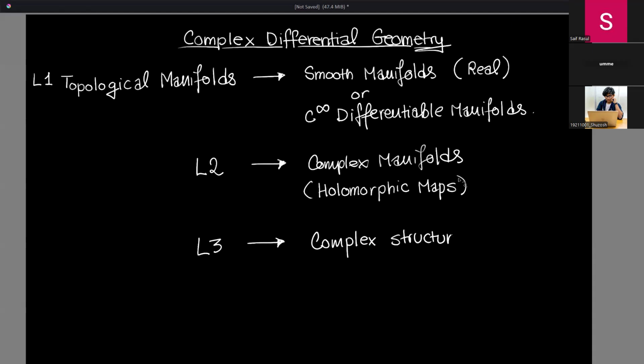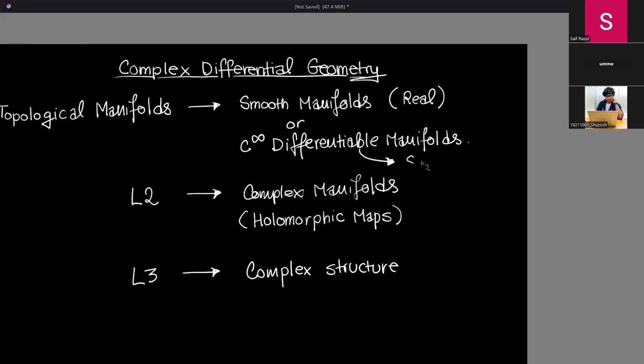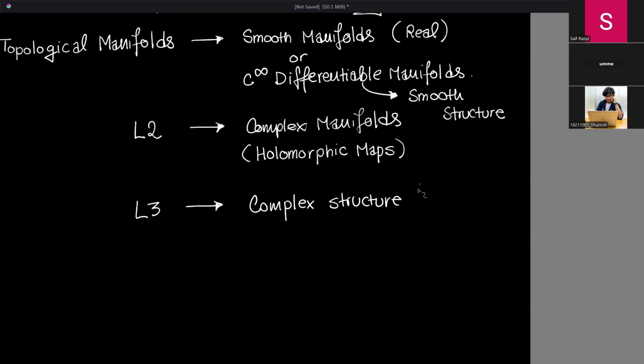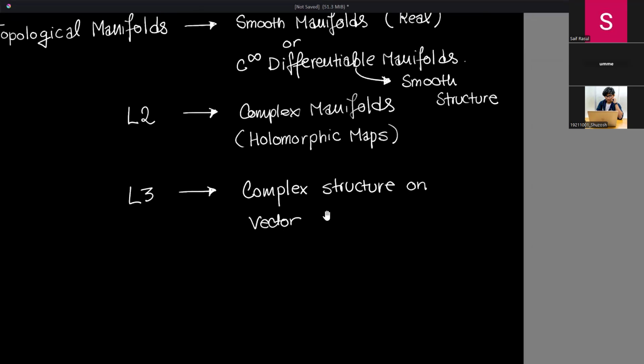Just like we got the smooth manifolds using the smooth structure, or the C infinity differentiable structure, the complex nature of the complex manifold comes from the complex structure. And the complex structure is on the vector space that the complex manifold is locally homeomorphic to.